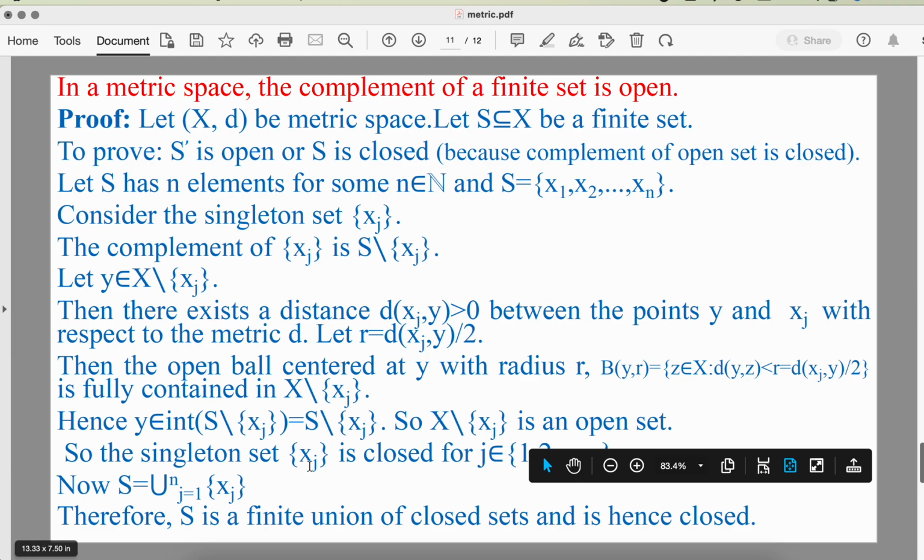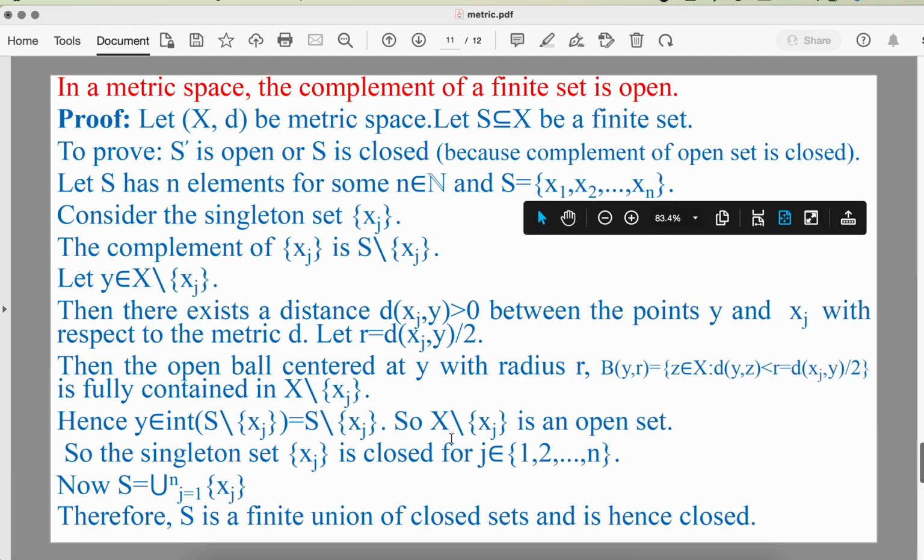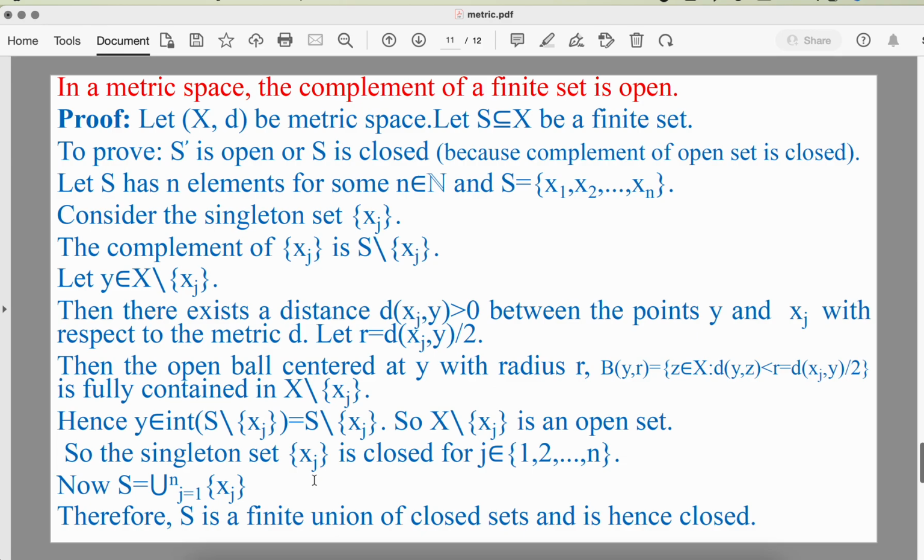So the singleton set {xj} is closed, because X minus {xj} is an open set, and we note the complement of an open set is closed. So it means the singleton {xj} is closed for j equal to 1, 2, 3 up to n.